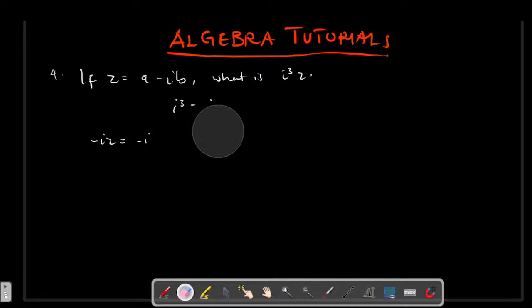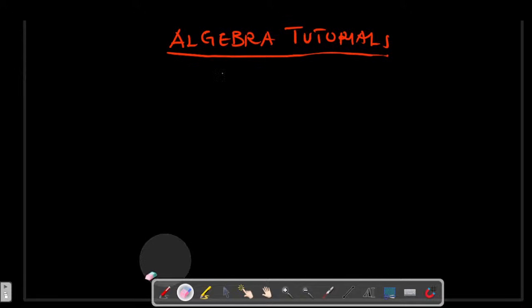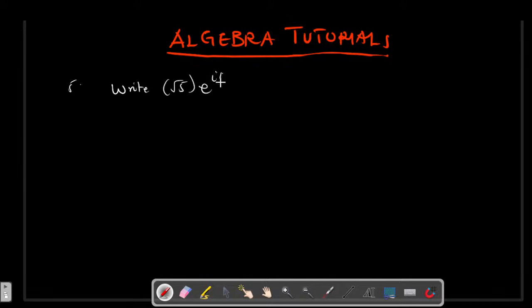Okay, so let's continue. So I'll have question 5. So question 5, we are moving to a deeper part, okay? It says write the expression square root of 5 multiplying e to the power i tan inverse of 1 out of 2 in the form of a plus bi, okay?